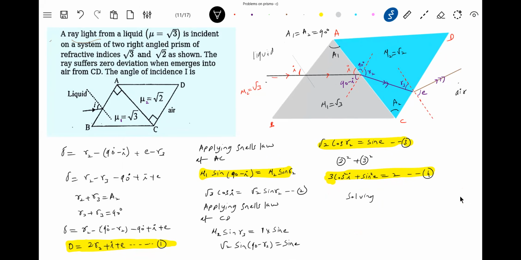Okay, solving 1, 2 and 4 will get the answer for I. So what we'll do is 0 equals 2 times sine inverse of root 3 by 2 cos I, plus I plus E, which will be sine inverse of under root of 2 minus 3 cos square I, all this equal to 0.